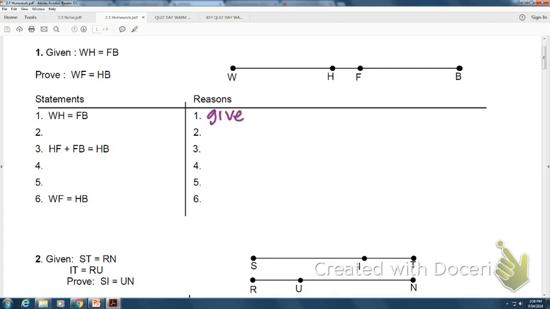Okay, so I have WH is equal to FB, and my reason is given. And I want to prove that WF is equal to HB.